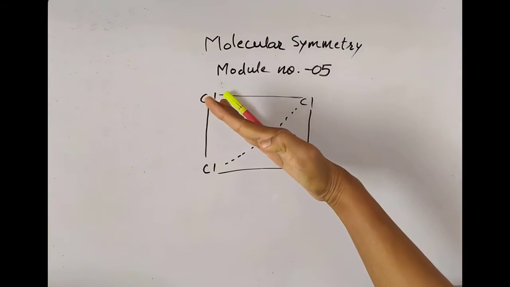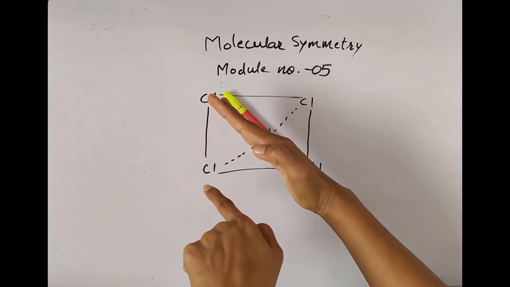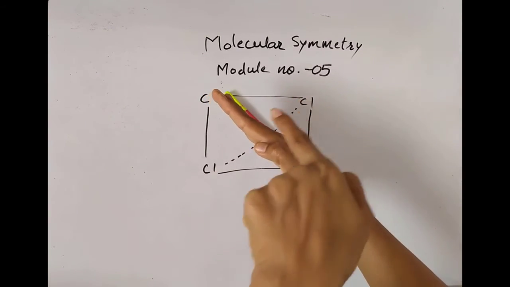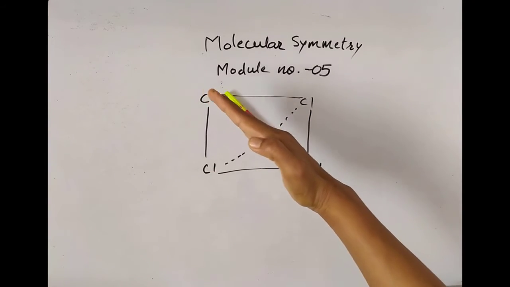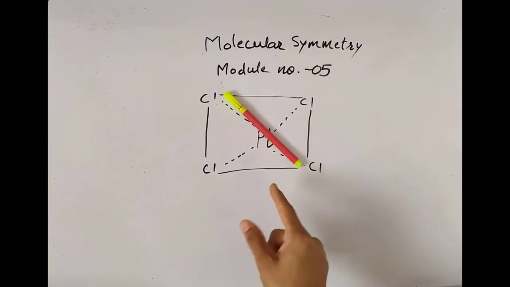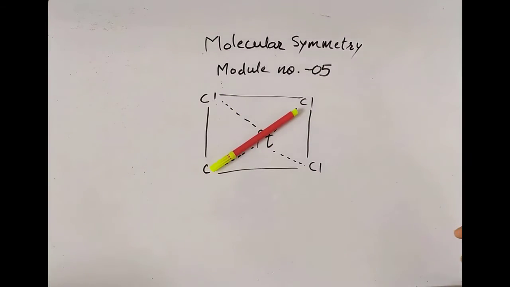If I pass the plane like this, you get the same reflection on either side of the plane. So we can pass the plane in this way also. This was the third plane and this is the fourth plane.